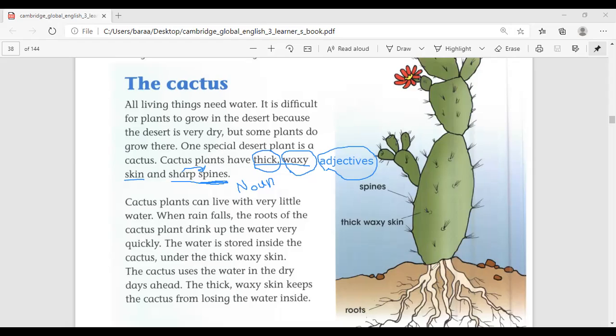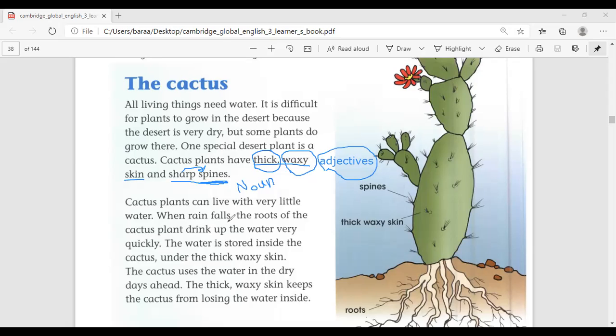Okay? So let's keep reading. Cactus plants can live with very little water, and this is the thing that helps the plant adapt in the desert.